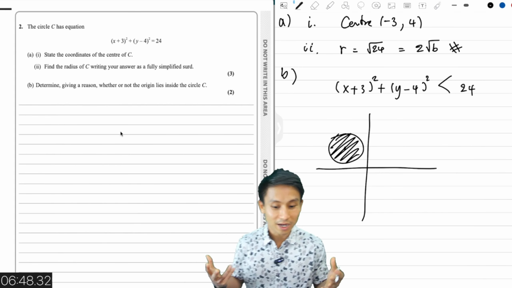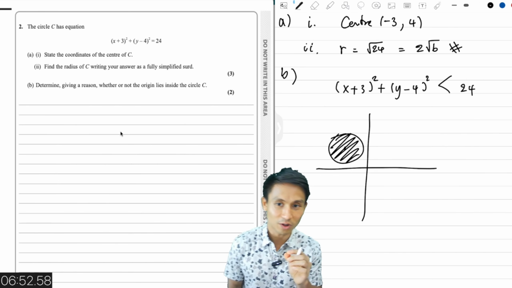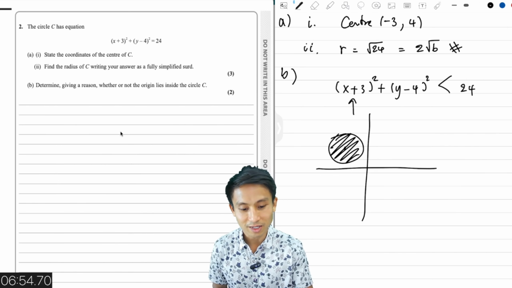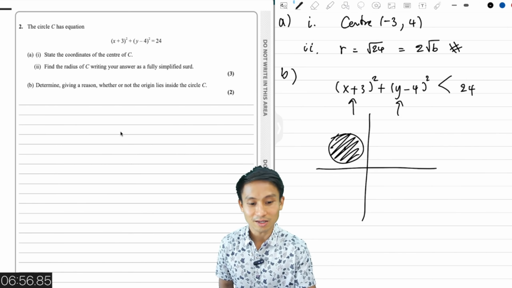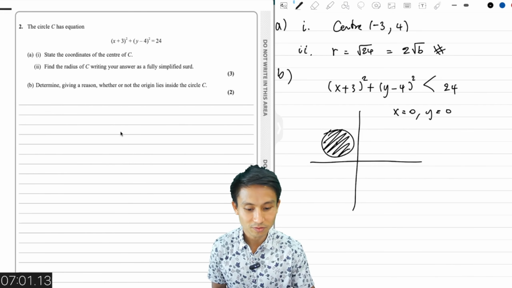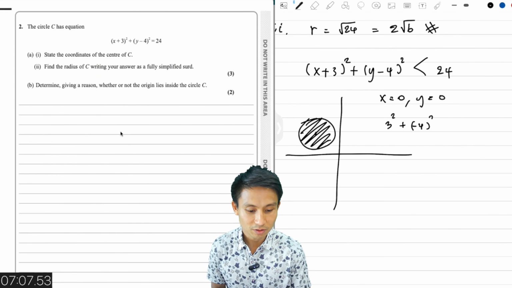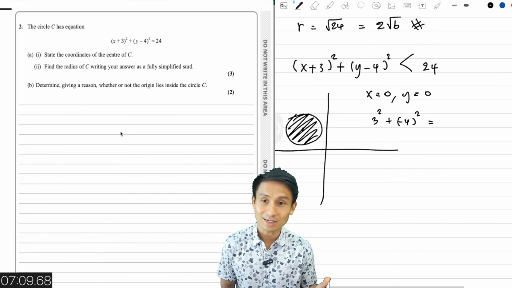So if we want to check if the origin point is in the circle, we just plug in and see if it satisfies the inequality, right? So x equals 0, y equals 0, yeah? So we have 3 squared plus minus 4 squared equals, see if it's less than 24.